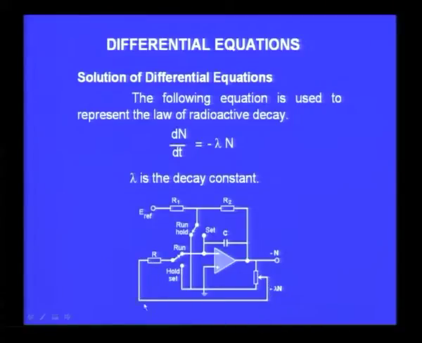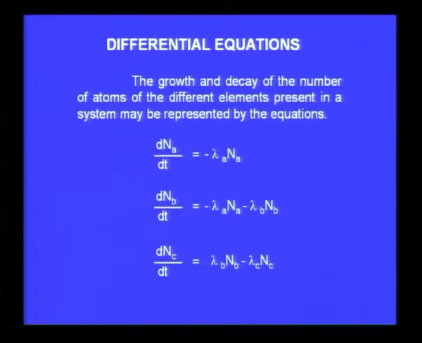So you find the equation becomes satisfied, minus lambda N given at the output. And so dN by dt is equal to minus lambda N is implemented here in a very simple fashion using one single op amp.